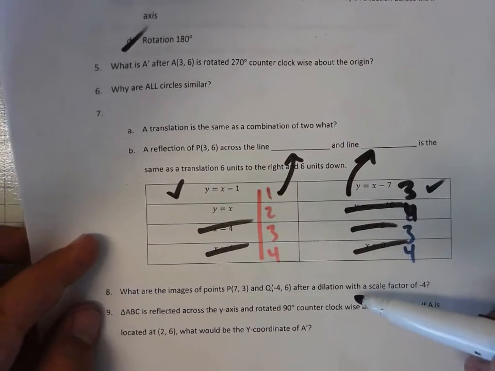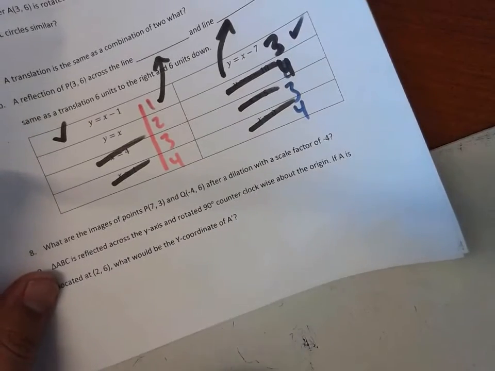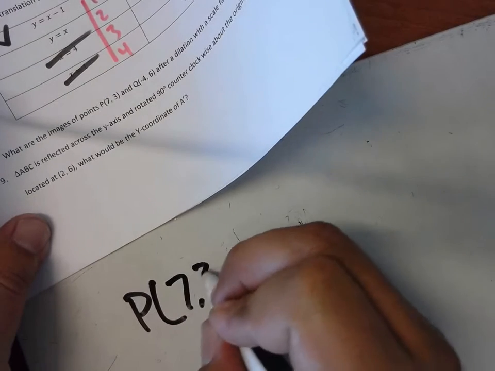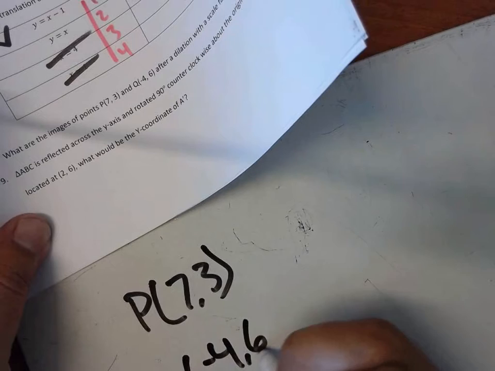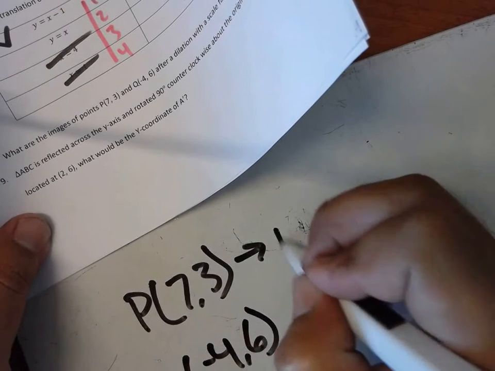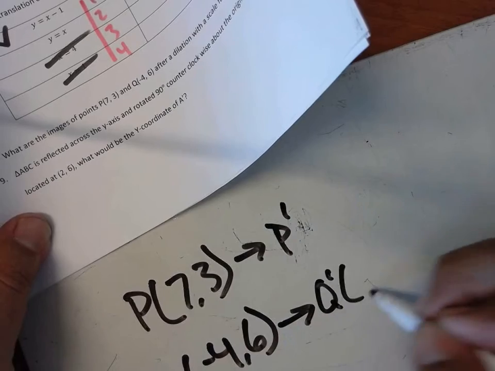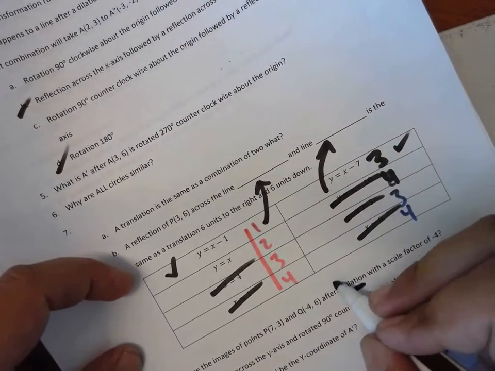Number 8. What are the images of P and Q after a dilation of a scale factor of -4? Well, P is 7, 3. Q is -4, 6. P prime, since it is a dilation, and Q prime, a dilation, this word right here means to multiply.